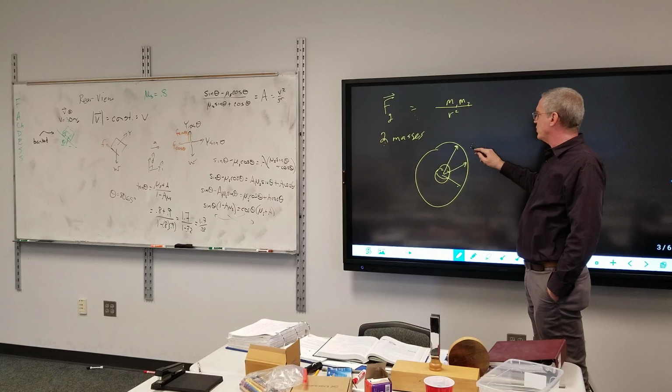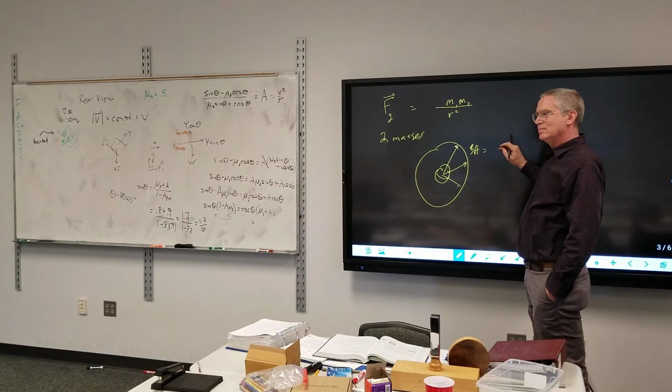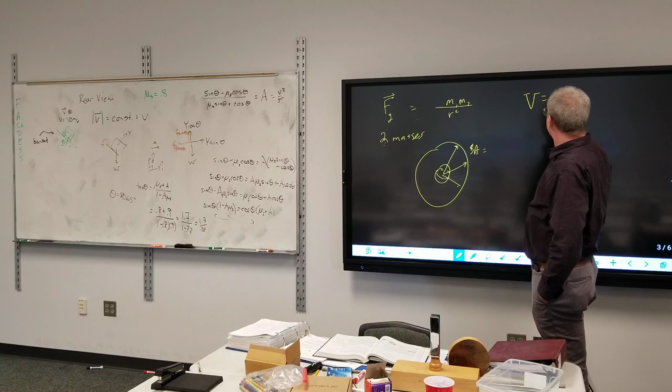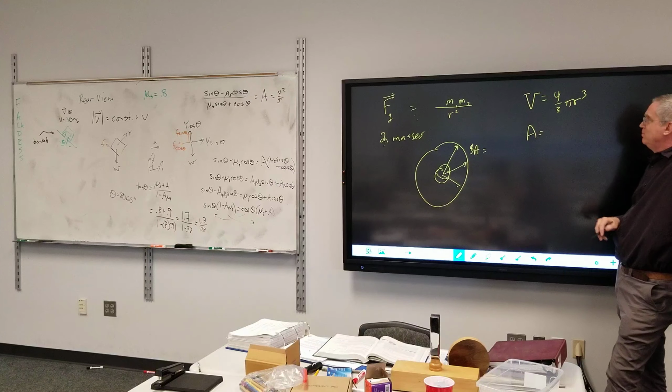What's the formula for the surface area of a sphere? 4/3 pi r cubed. That's the volume. Oh. Take the derivative with respect to r.